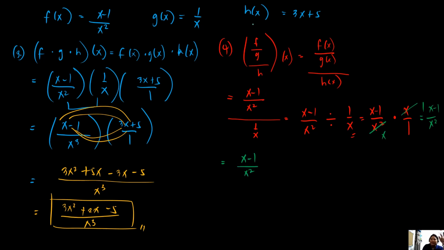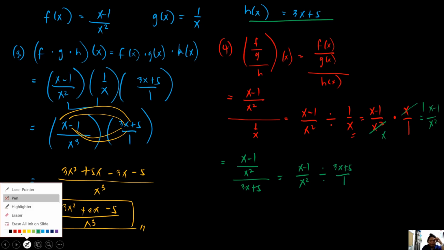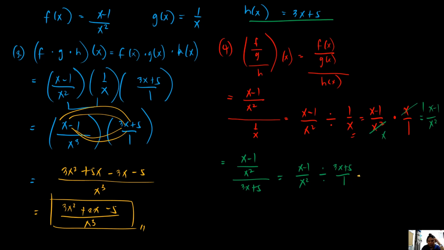So, ang natitira na lang is si h of x. So, all over 3x plus 5. So, i-rewrite lang din natin sila ulit, class, ang ganyung pattern para mas madali nating makita. So 3x plus 5 all over 1. Okay? Then, let me change the color. I-reciprocal natin yung nasa right side na fraction. We have 1 all over 3x plus 5. Reciprocal si operation.